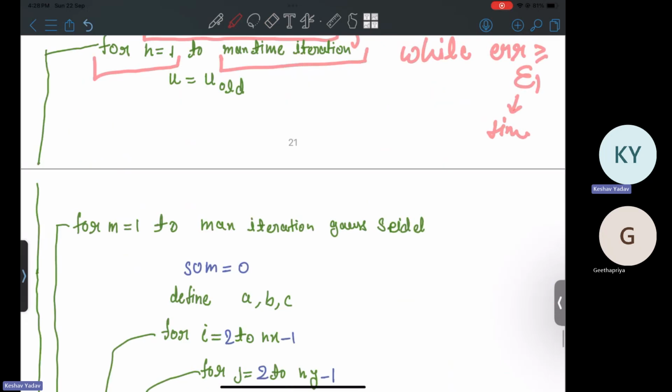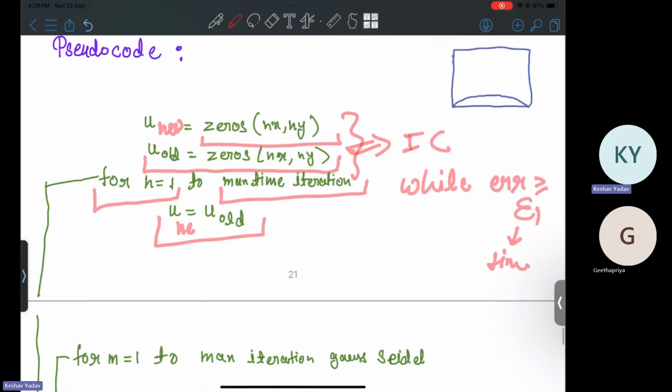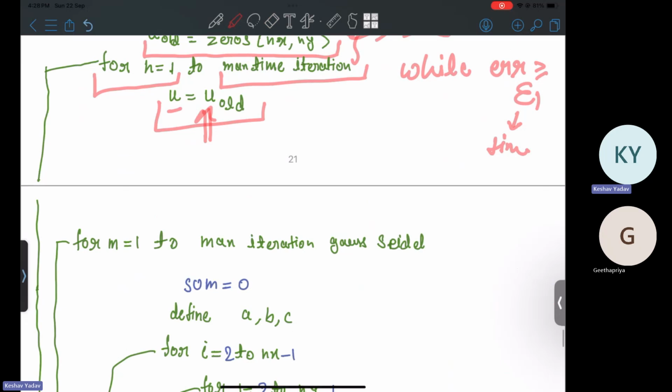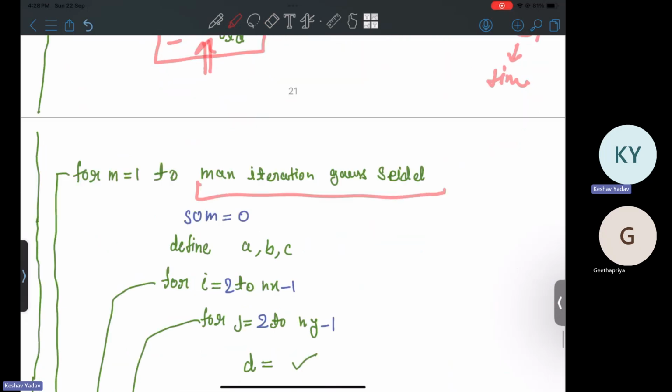Okay, first I have defined u new. Simply I am writing u old as u new. So first what I have done, I have defined u as an old value. Okay, then we are going for a Gauss-Seidel iteration. In Gauss-Seidel iteration, this sum is for the r values, the summation of r square values.